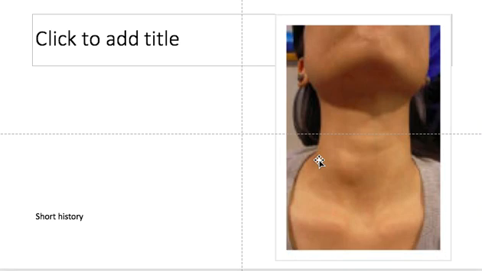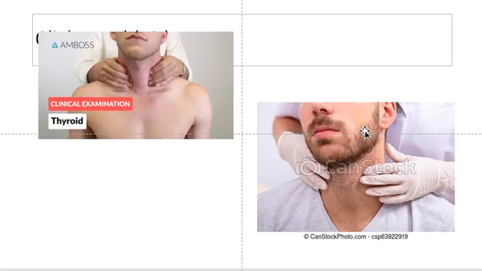So to summarize, this patient has a solitary nodule. Of course, still we have not examined, but she has got a thyroid lump, and clinically the patient is euthyroid. So now we have to examine and further confirm further details.